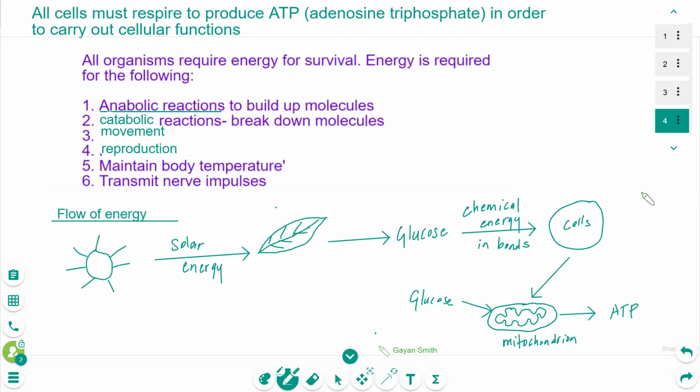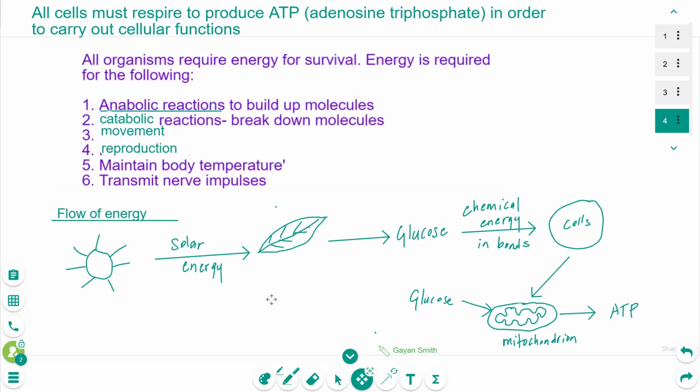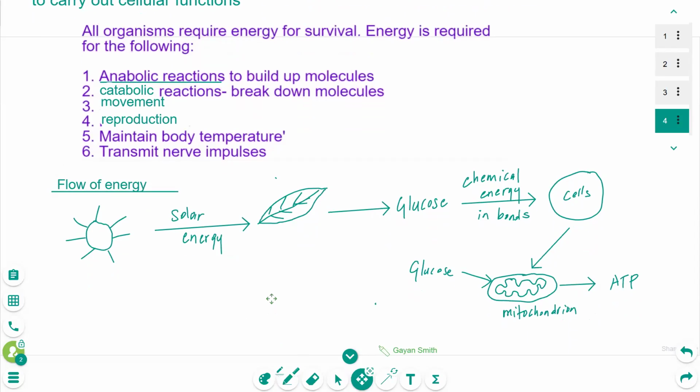So we see that the solar energy that we captured during photosynthesis eventually will be converted into chemical energy. And that chemical energy will be captured in the ATP molecule, which will be used for all the reactions that we need to do in the cell.